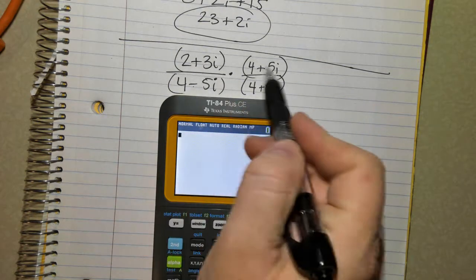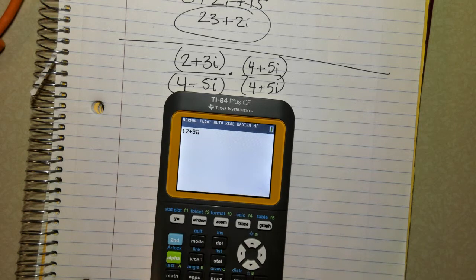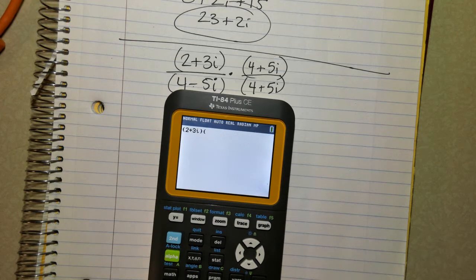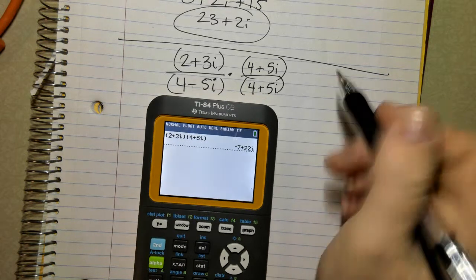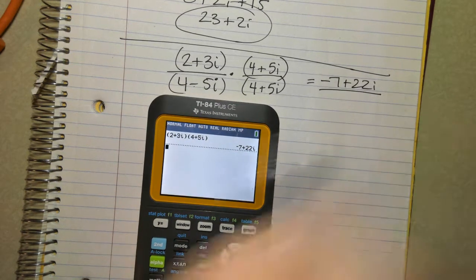Okay, we're going to use the calculator to speed this up. On the top, let's do parentheses, 2 plus 3i times 4 plus 5i. And our final answer is, in the numerator, negative 7 plus 22i.